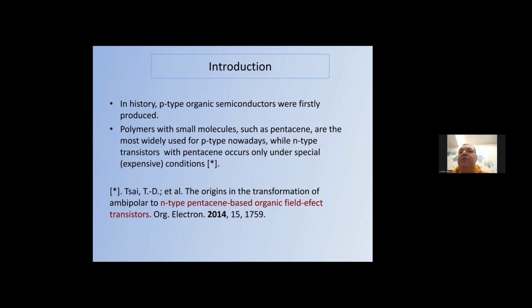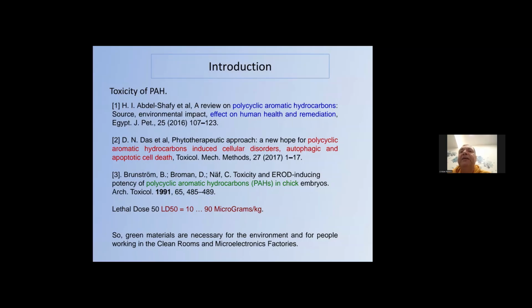Today, pentacene can still be used to produce n-type, but only in very special and expensive conditions, like, for instance, a temperature range going very low, to almost 0 Kelvin. That is not usual for normal use of a transistor. So we continue to look for alternative materials for n-type organic semiconductors.